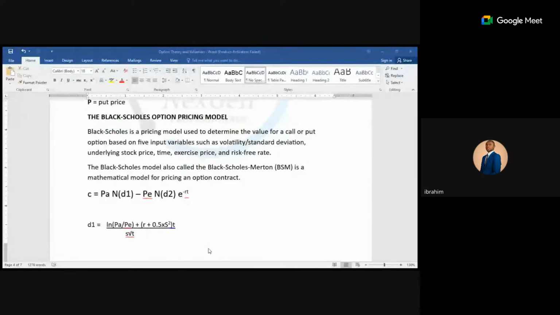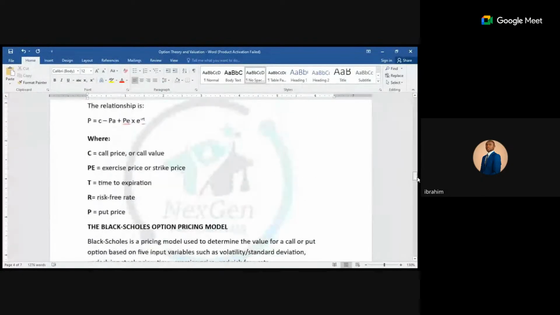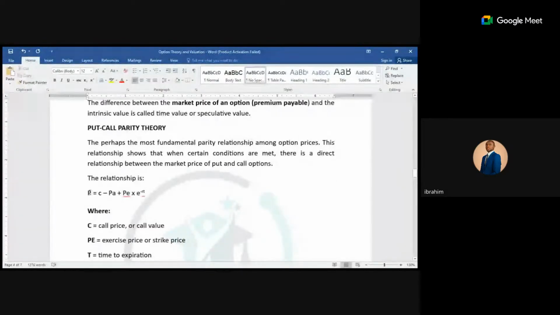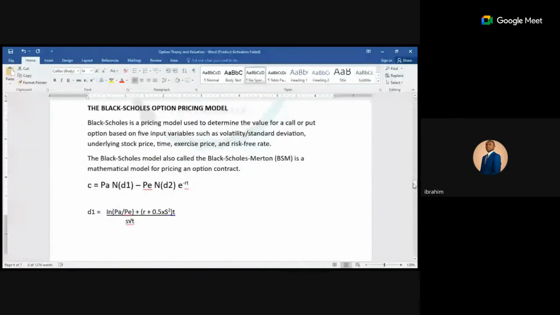We'll check it out. The put-call parity can also be applicable here, class. You can use the put-call parity to determine the value of a put option. I will bring the second formula, maybe in our next class.